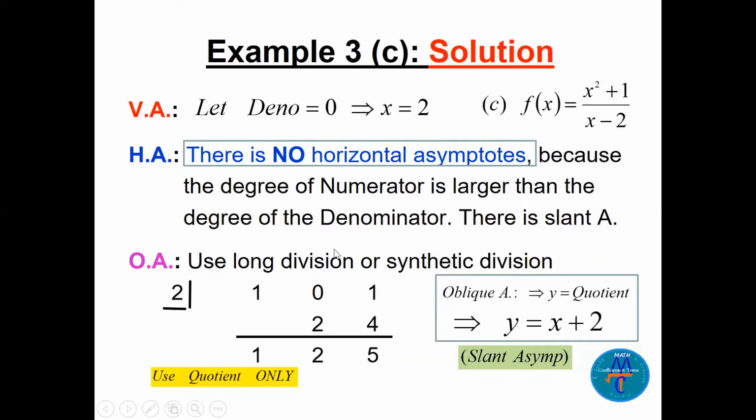Now to find the oblique, I use synthetic division here. The coefficients are 1, 0, you know there is a missing x term, and 1. Then I put here 2, 1 comes down, 1 times 2 is 2. Only use the quotient. So y will be x + 2. This is the oblique asymptote or slant asymptote.